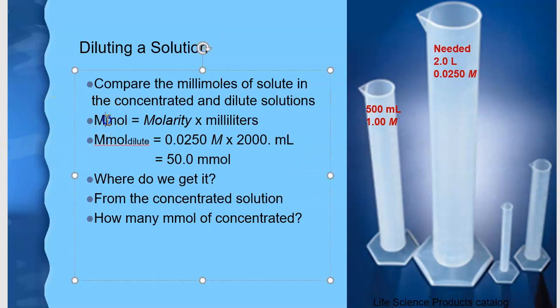If we think about something that we've talked about before, millimoles is molarity times milliliters. So what I need is 2,000 milliliters at 0.0250 molar. That means I'm going to need 50 millimoles of hydrochloric acid in this solution.